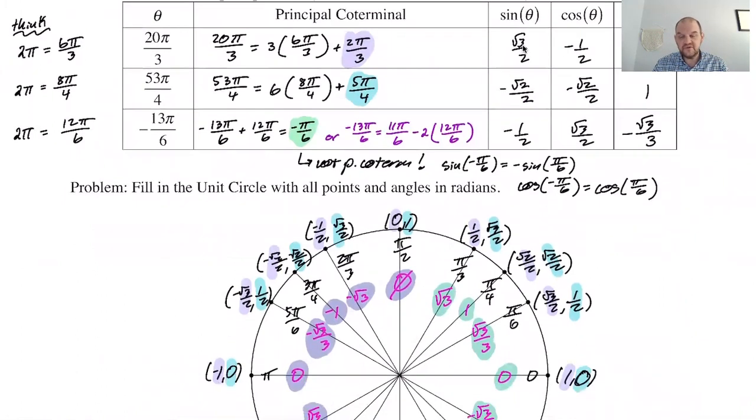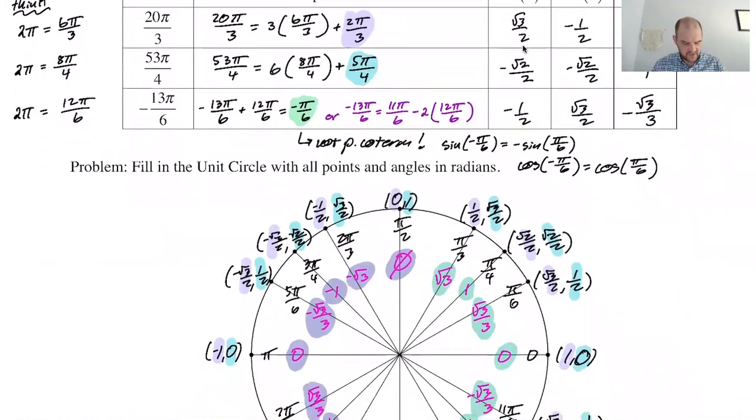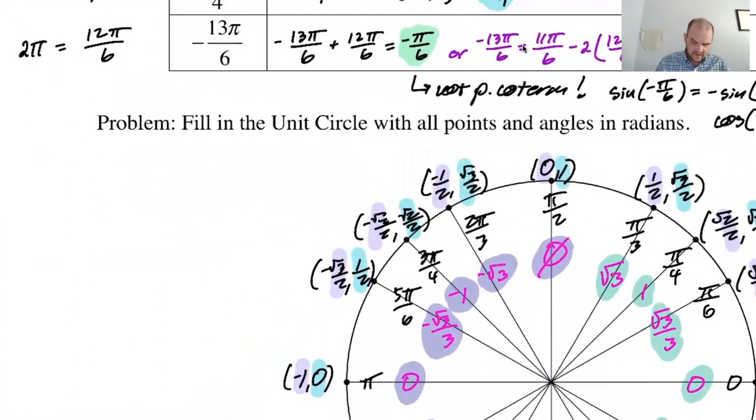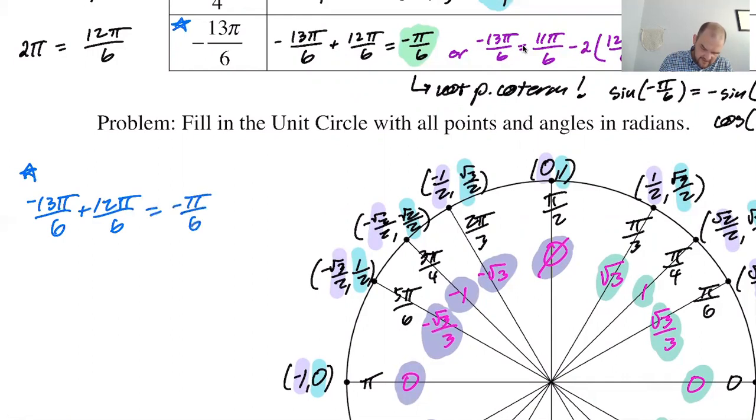Another thing you could do, which is basically what I did because I couldn't work out what was happening, is you could have said negative 13 pi over 6 plus 12 pi over 6 is negative pi over 6. Not good enough. Negative pi over 6 plus, I just keep adding rotations, equals 11 pi over 6. Good enough. That's the principal coterminal angle, and then you find everything for that.